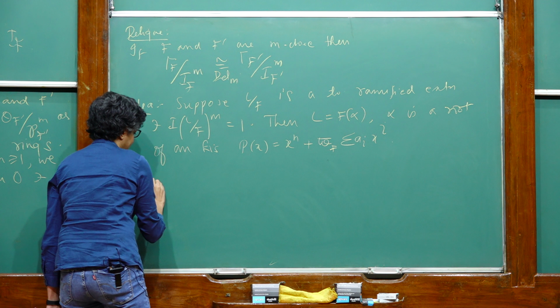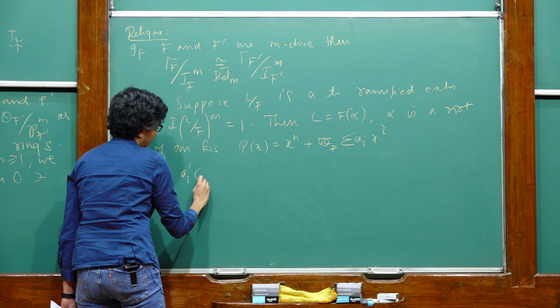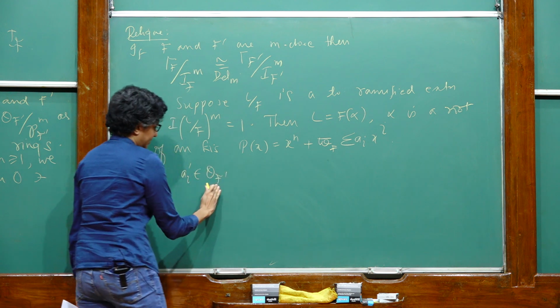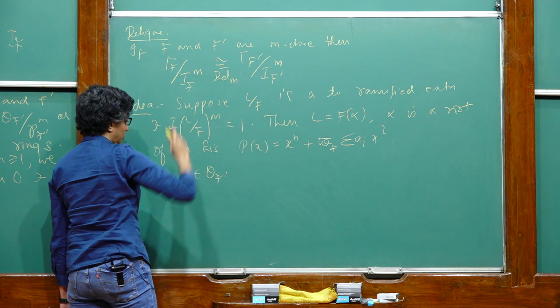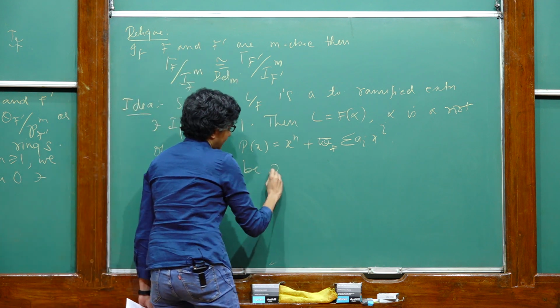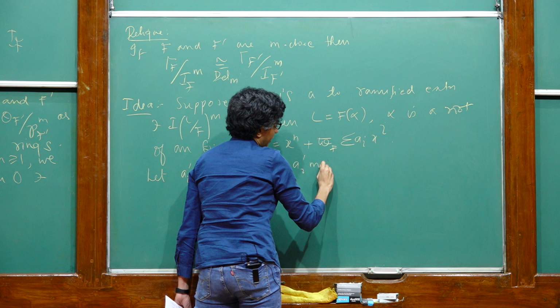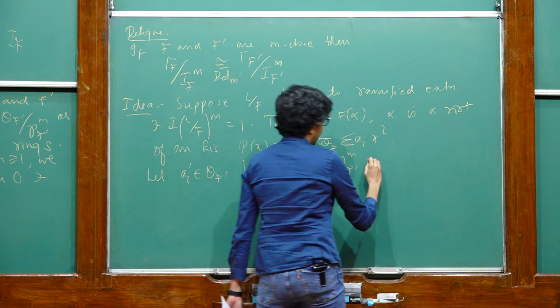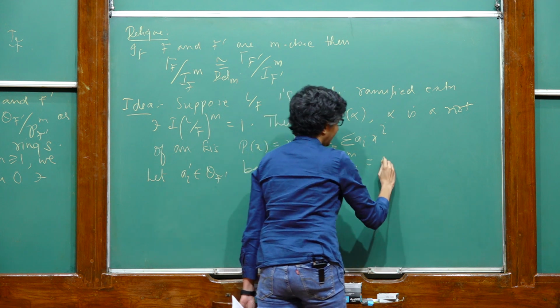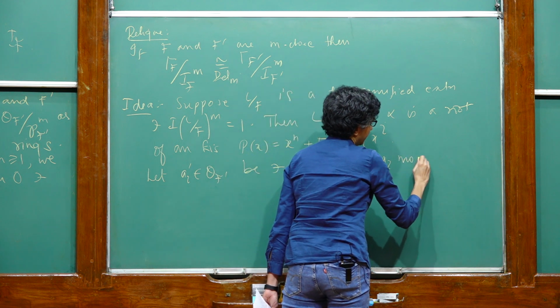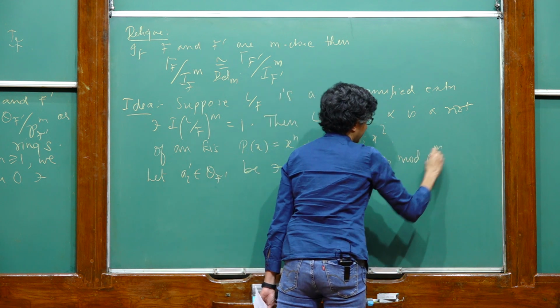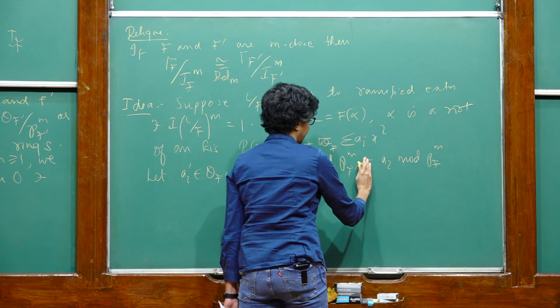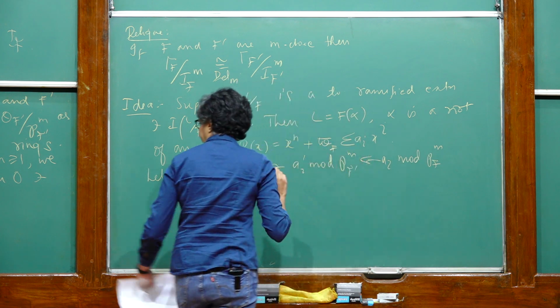Then let a_i prime in O_F', this is the other field F prime which is m-close to F, be such that a_i prime mod P_F' to the m is a_i mod P_F to the m under this isomorphism.